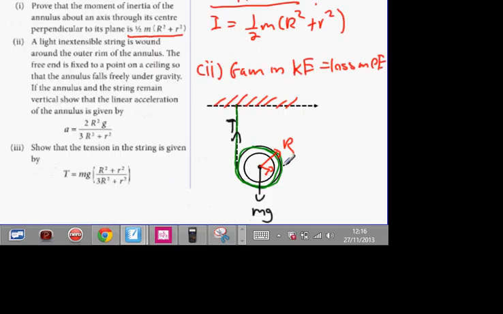The angular velocity is how fast it's rotating, but because the string is wrapped around the outside, big R, not small r, that's why... trying to think of the formula now. Oh yeah, v equals r omega. It's big R because it's the big radius, and that means omega equals v over R. Omega squared equals v squared over R squared. Okay?